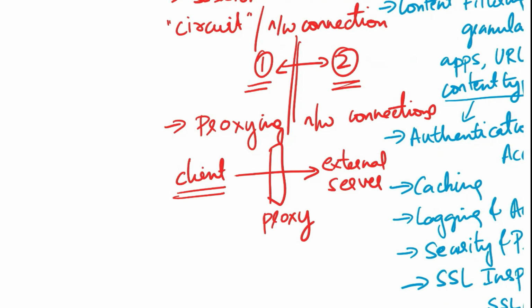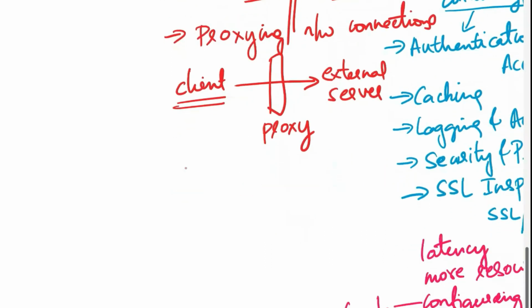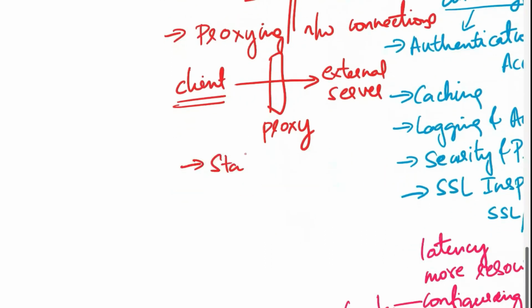So this means that the external server sees the circuit level gateway as the source of the connection and not the internal client. Next characteristic is stateful inspection. Circuit level gateways maintain a state table that tracks the status of network sessions, primarily for TCP connections.